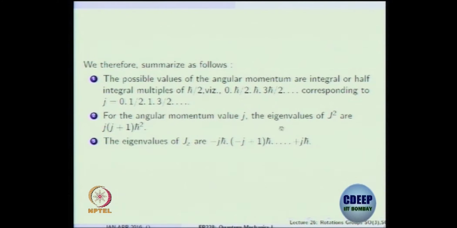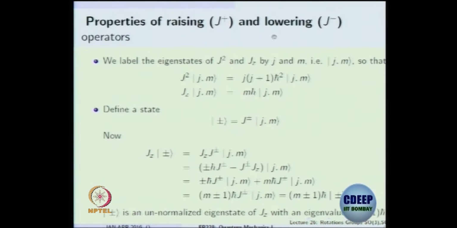This we knew is j into j plus 1, and the eigenvalues of Jz go from minus j h cross to plus j h cross. Then come the lowering and raising operators. Call these j plus or minus on jm, use this algebra, and write it the way we wrote Cn and Dn. Do the same thing here.